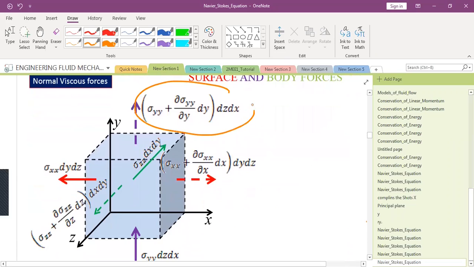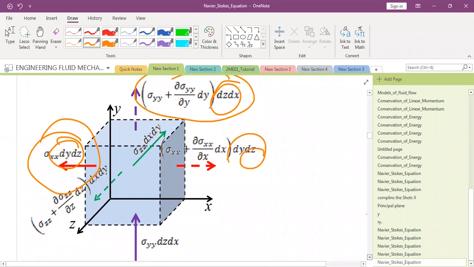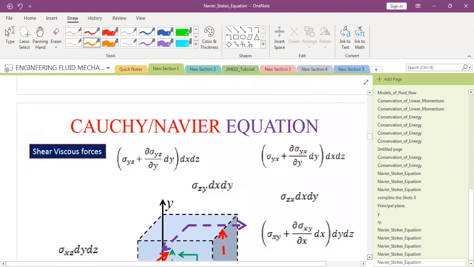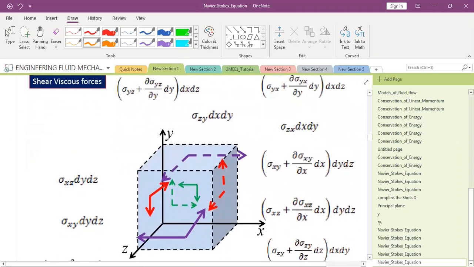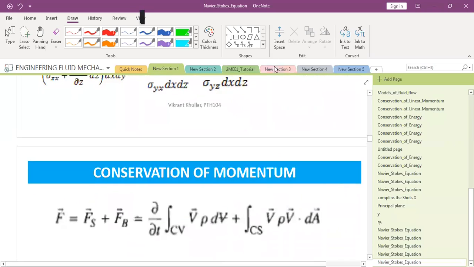These are the normal viscous forces because we are multiplying area also with all of them. And likewise, you had shear viscous forces on all the surfaces. So in the limit, as this differential control volume tends to 0, you are able to find out the force or stresses at that point in question.